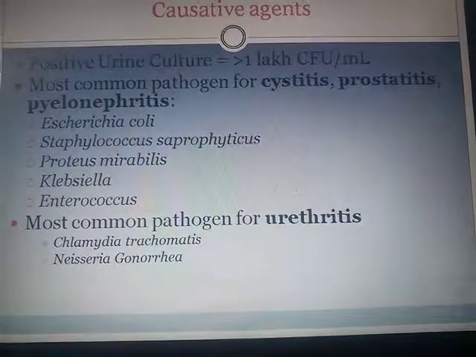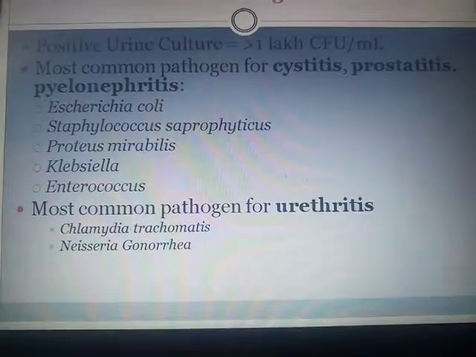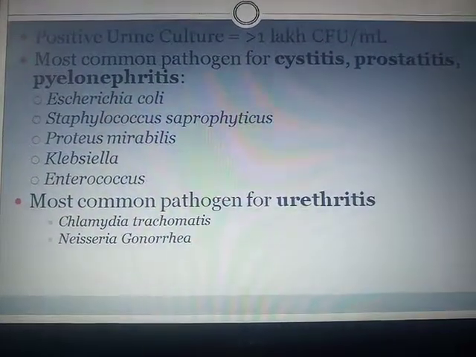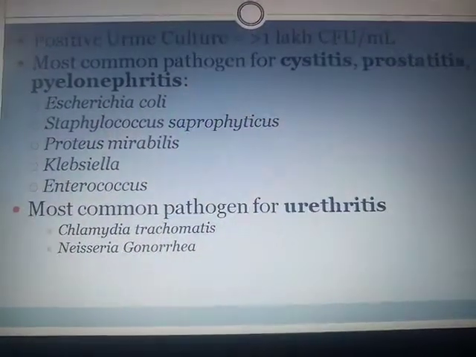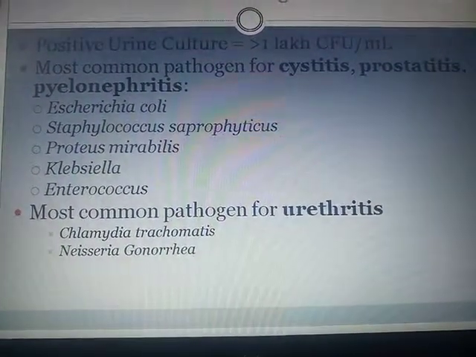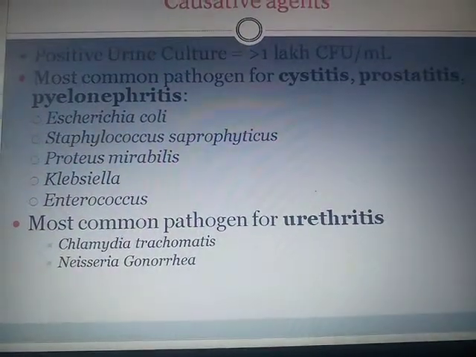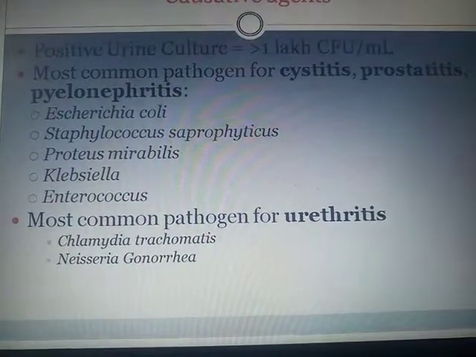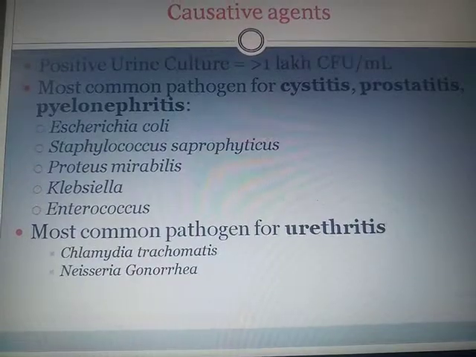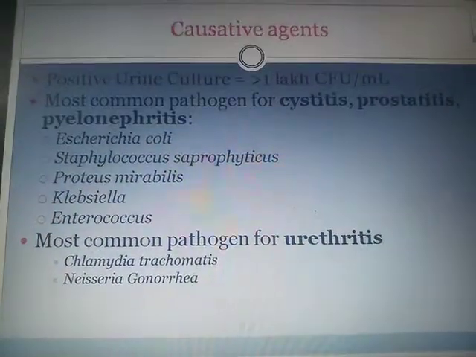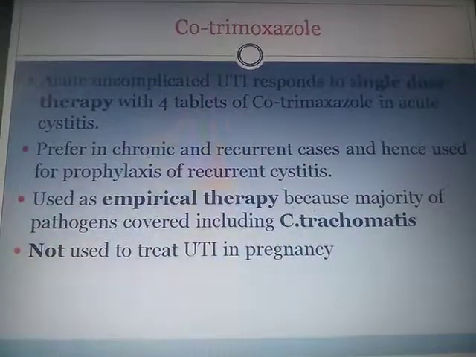Others are Staphylococcus saprophyticus, Proteus mirabilis, Pseudomonas, Klebsiella and Enterococcus. The most common pathogens for urethritis, which is often sexually transmitted, are Chlamydia trachomatis and Neisseria gonorrhoeae. These are the causative agents.